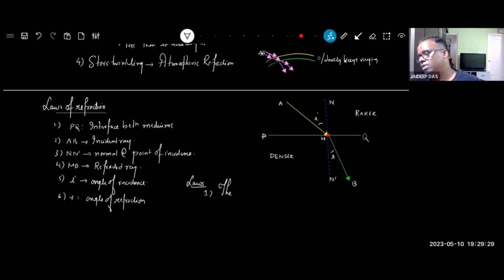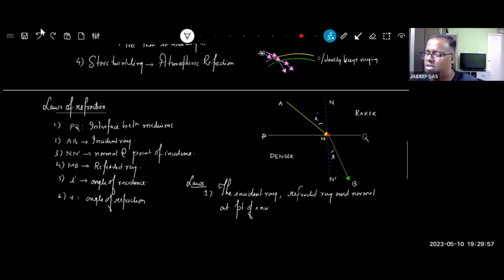The incident ray, the refracted ray, and the normal at the point of incidence all lie on the same plane.